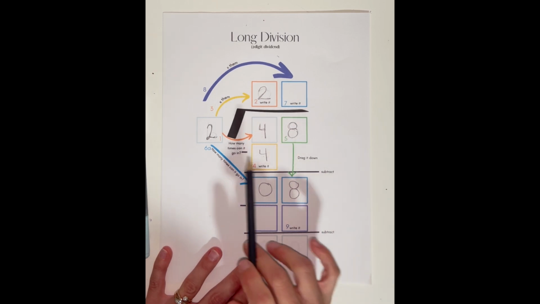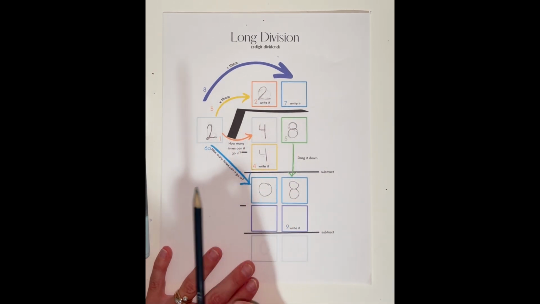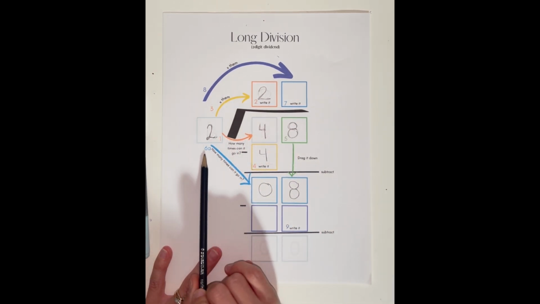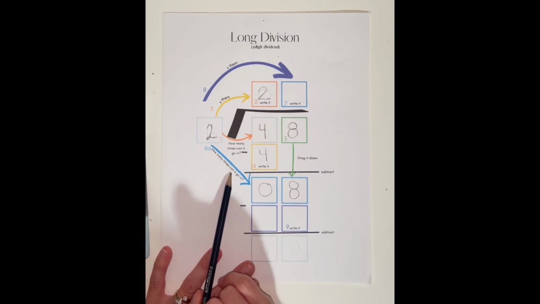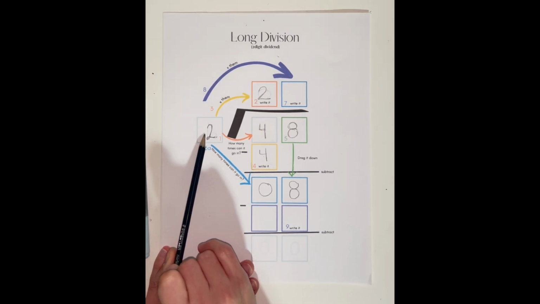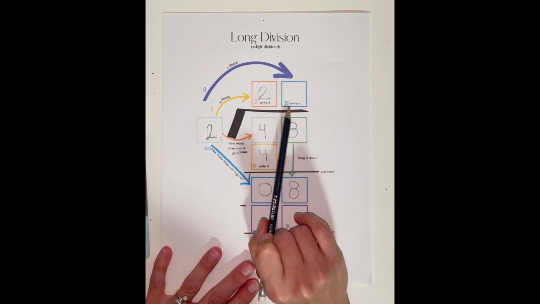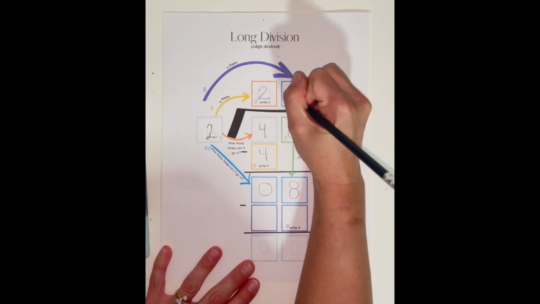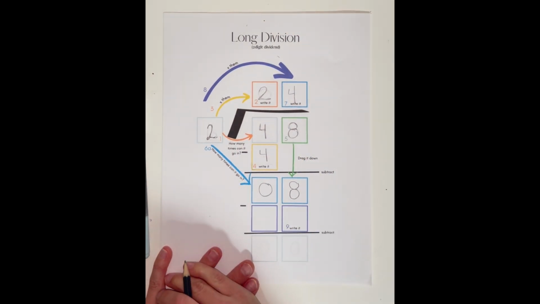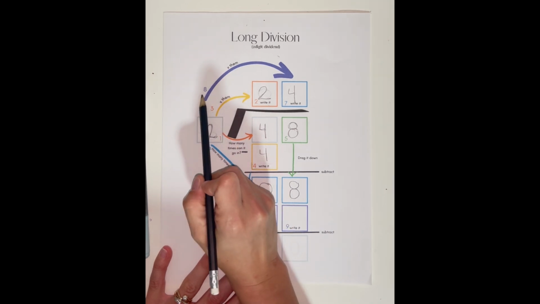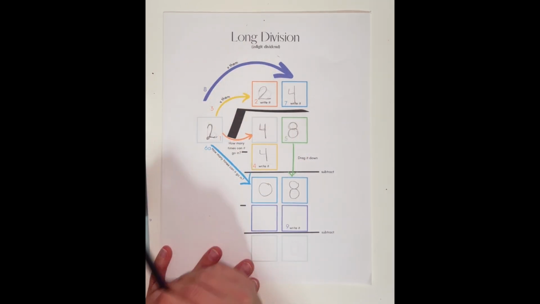Now, we have finished steps 1 through 5, and we go to step 6. Step 6 says, how many times can it go in? How many times can 2 go into 8? 2 can go into 8, we need to go to number 7, 4 times. Now, we have to look at number 8. Number 8 tells us to multiply them again.